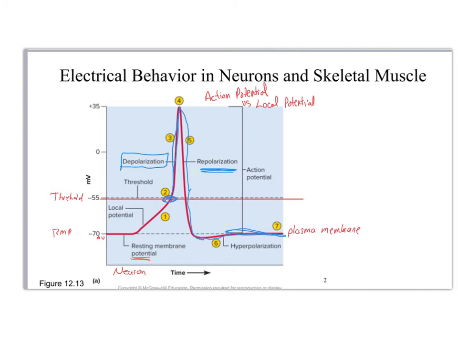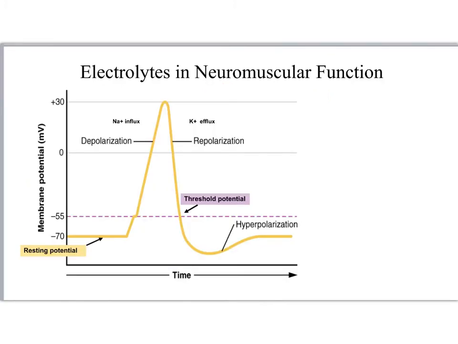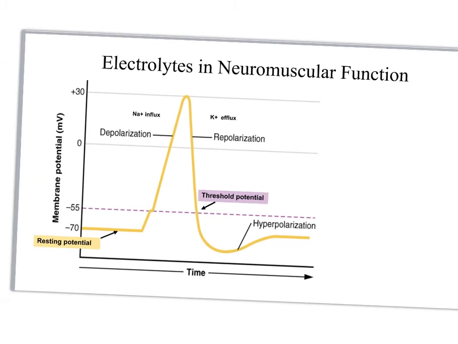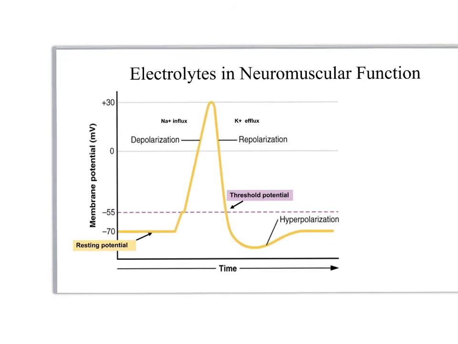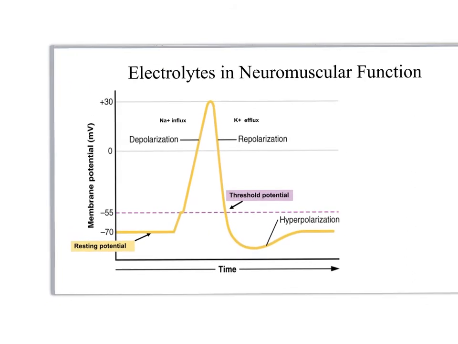Now, what controls whether it depolarizes or not are the electrolytes. Let's look at the next picture. All right, so in our Patho course, we're talking about electrolytes in this unit, okay? The electrolytes that we're really dealing with in terms of neurons and muscles sending an action potential, an all or nothing electrical signal that can go a long distance, are sodium ions and potassium ions.